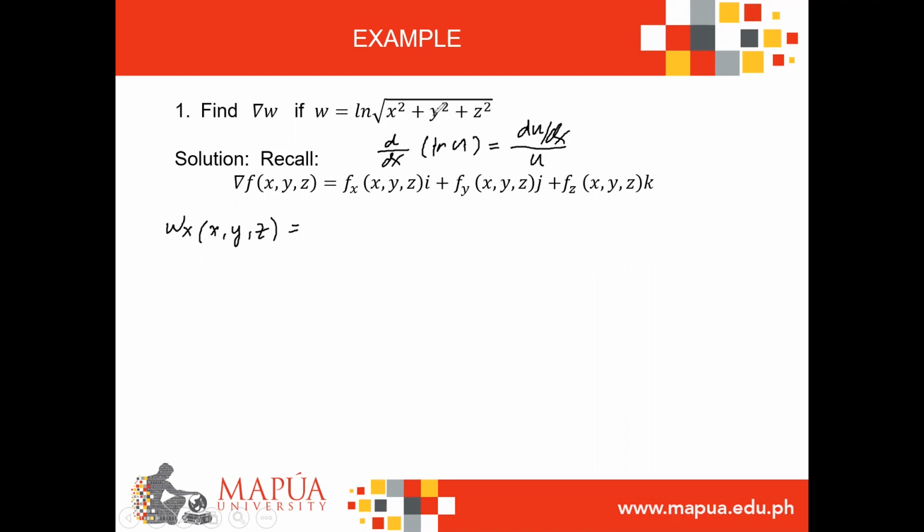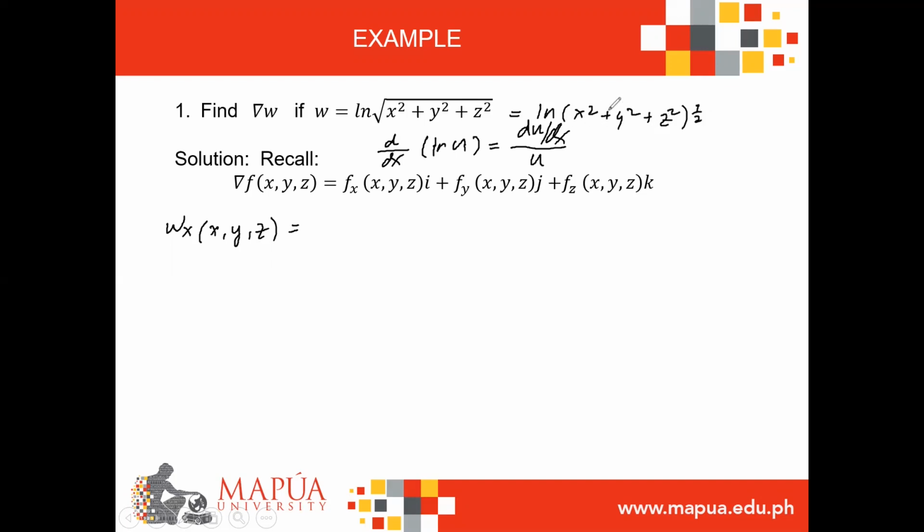In this case, since we have here a radical, ln of the square root of x squared plus y squared plus z squared, we can also write this as ln of the quantity x squared plus y squared plus z squared raised to 1/2.